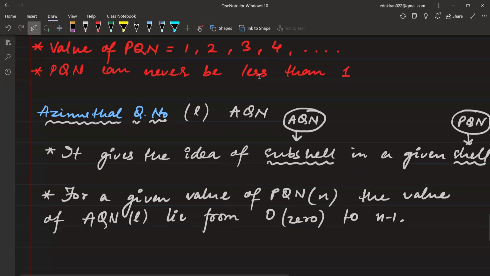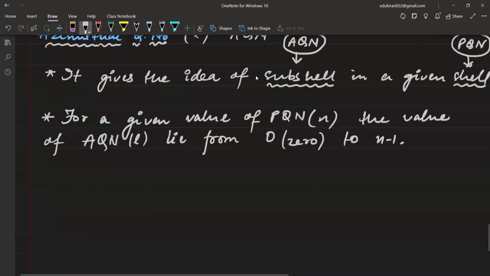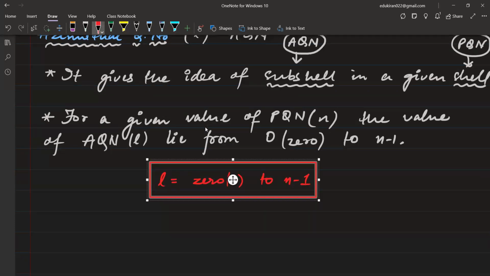Isko likh lijiye please, then I will make you understand this. Pehle is point ko likh lijiye. And simply speaking, we can write L is equal to 0 to n minus 1. All of you wrote this, yes or no? Yes, sir.